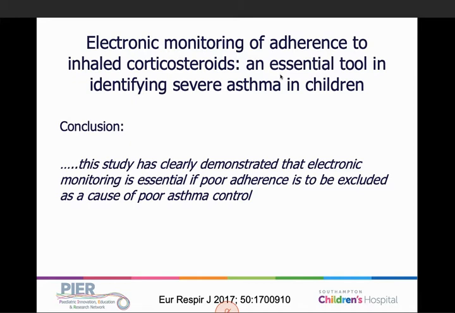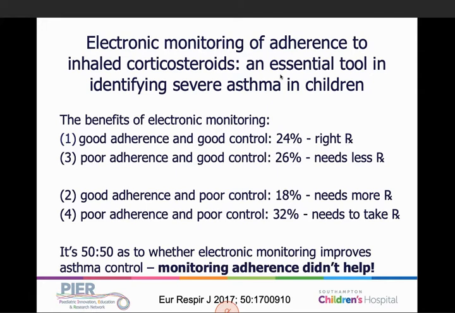And so there's that same data of the 4 groups of patients. What I've done here is I've put together the patients with good control and the patients with poor control. And you can see that you had 50% of patients with good control, either with good or poor adherence, and you had 50% of patients with poor control, either with good or poor adherence.